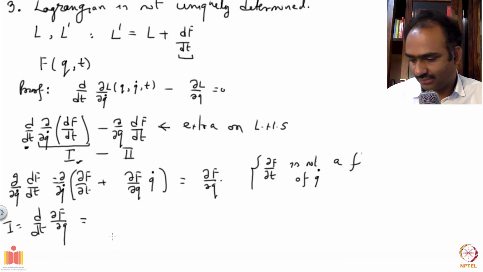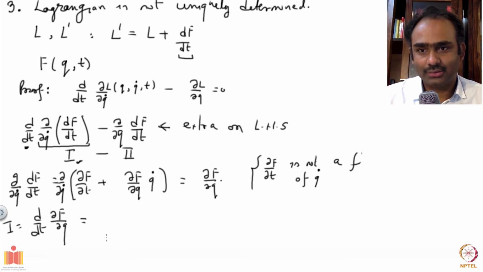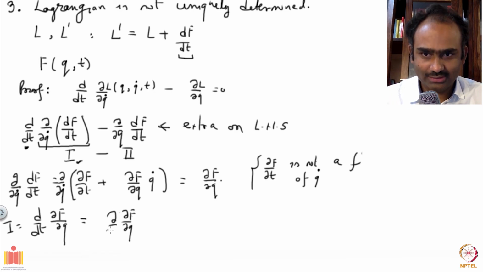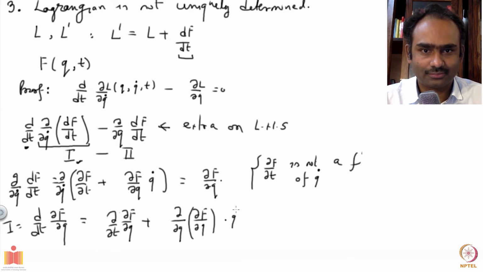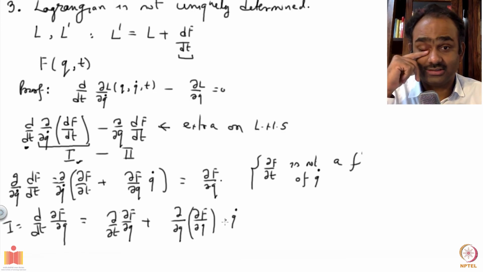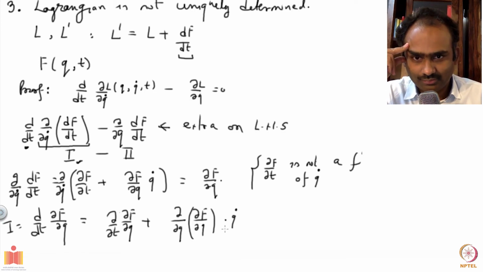Again I do the same thing. I write del over del t acting on del f over del q first, then I have del over del q, del f over del q times q dot. That's not a dot product, this is just a dot.